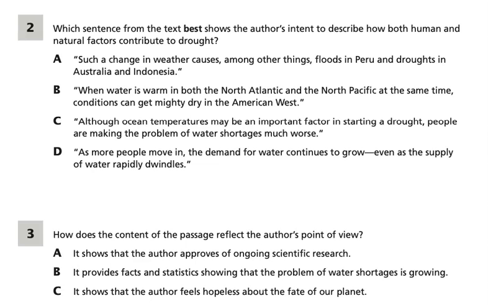C. Although ocean temperatures may be an important factor in starting a drought, people are making the problem of water shortages much worse. D. As more people move in, the demand for water continues to grow, even as the supply of water rapidly dwindles. Please pause the video as you make your selection.